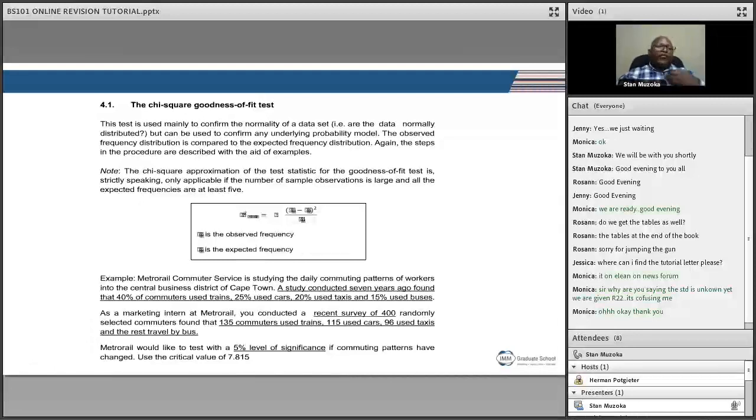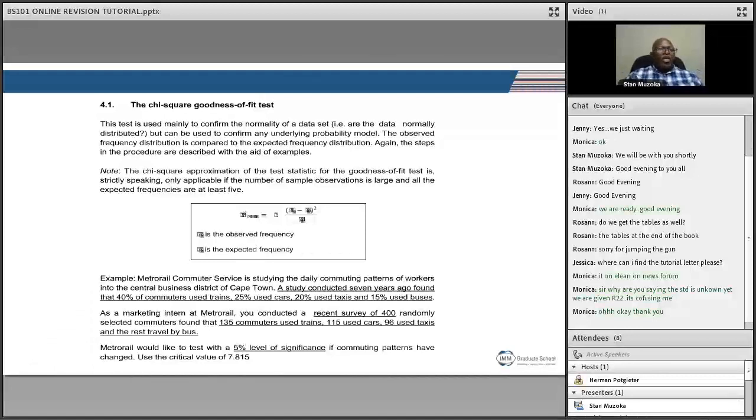All right. Having done that, we are saying: can we exactly say that what we are observing now relates to what we normally know to be the norm? We want to confirm normalcy. We want to confirm that what we are seeing is what is supposed to be.